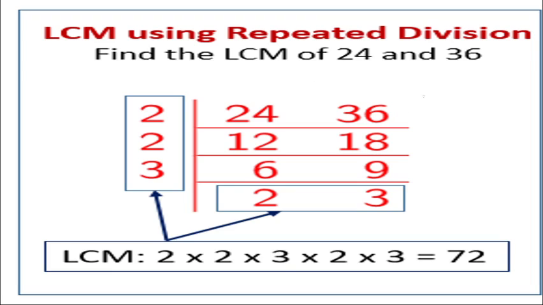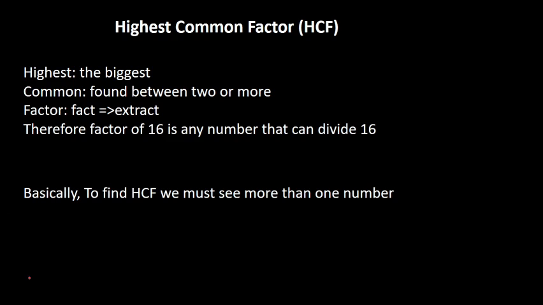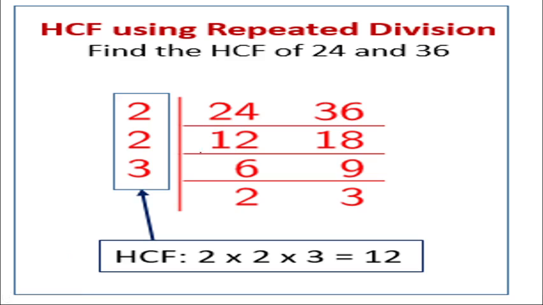This is how to find LCM. In finding an LCM, you can see here we have two numbers: 24 and 36. The basic principle here, if you watch the introductory class to mathematics, we said that there are basic numbers between 0 and infinity.